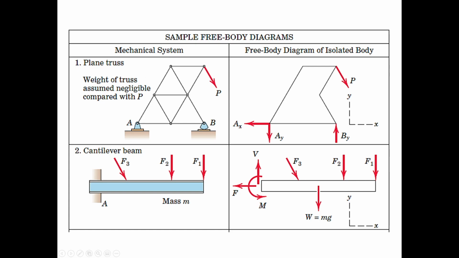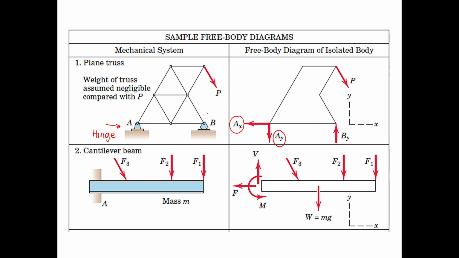So for number one, this is the plane truss. As you can see in the diagram, this one is a hinge. Usually if you have a hinge support, it will give you two reactions. You have the horizontal reaction and then the vertical reaction force coming from that hinge support.